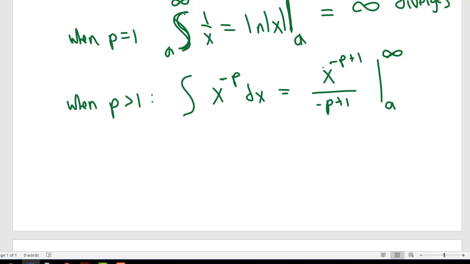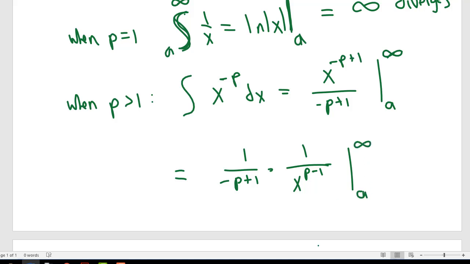Pretend it's x to the negative 4; we push that to the denominator and write it as 1 over x to the 4th. So what we really have in this scenario is 1 over negative p plus 1, times 1 over x to the p minus 1, because when we push it into the denominator, we change the sign of the exponent. And we're going from a to infinity.